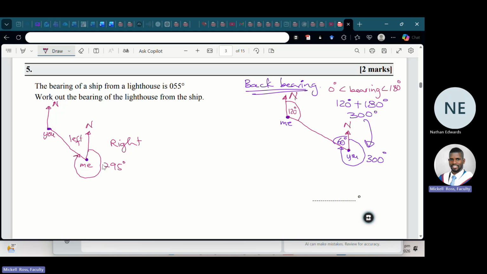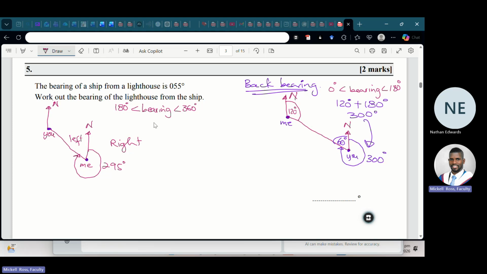Now, if the first bearing is greater than 180 but less than 360, you have to subtract 180.